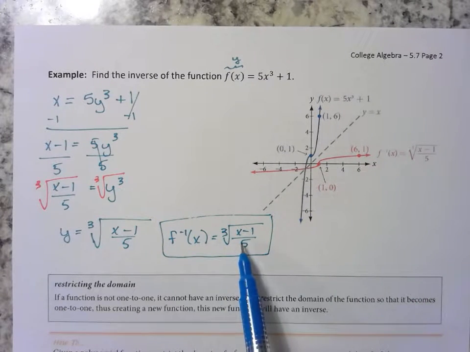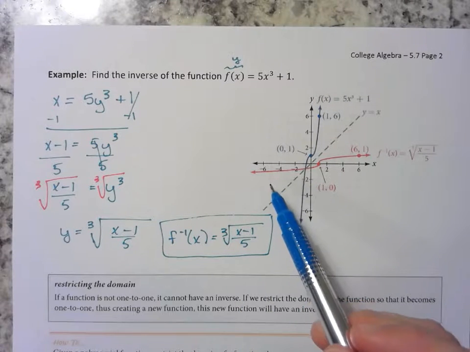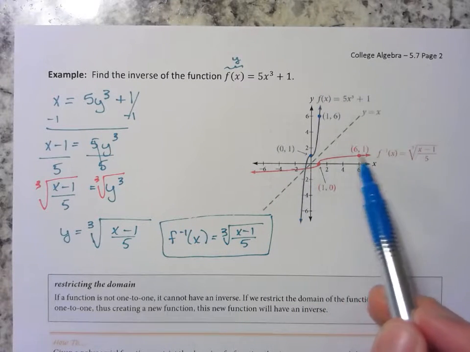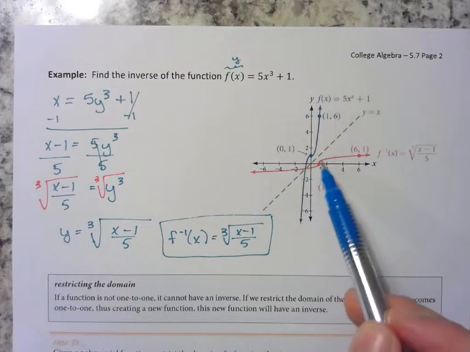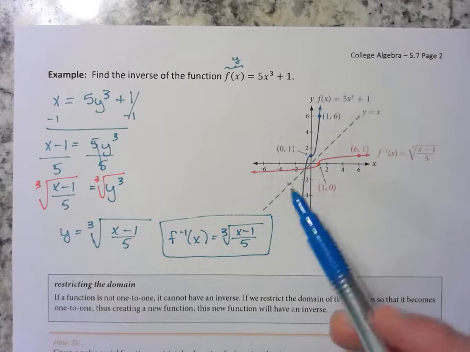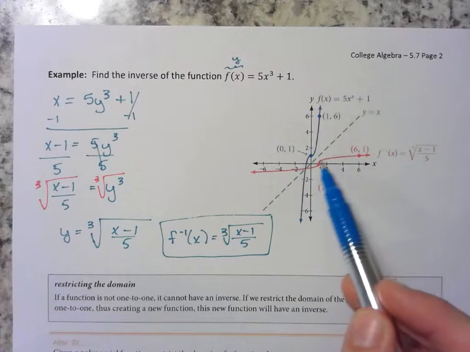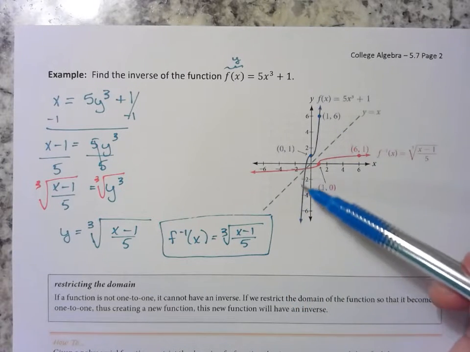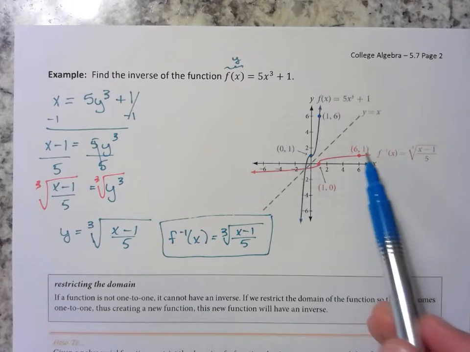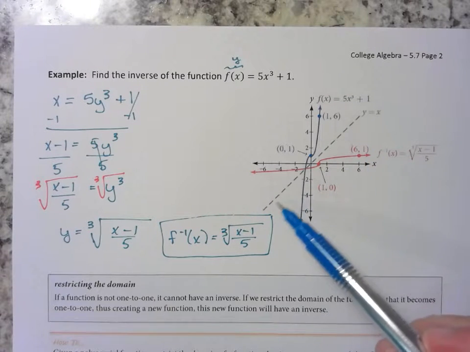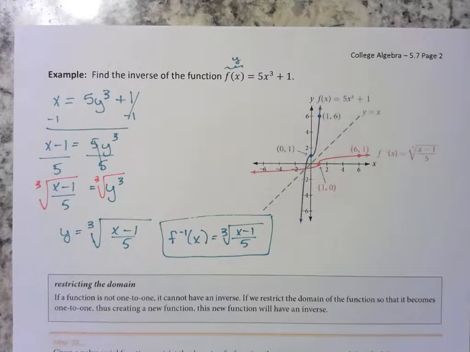If you were to graph a cube root function, if you remember your toolkit functions, it also makes an S shape but laying on its side, right? So that's where this graph goes right here. It's this red one. You can see that this blue graph and the red graph are reflections across the line y equals x.